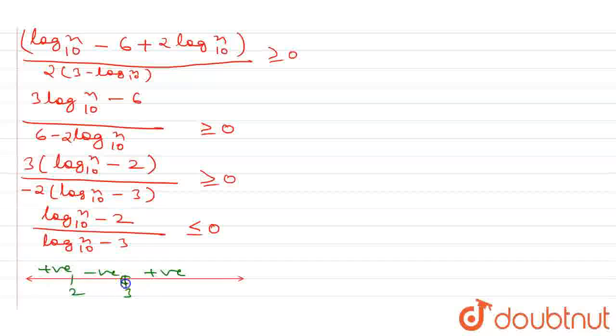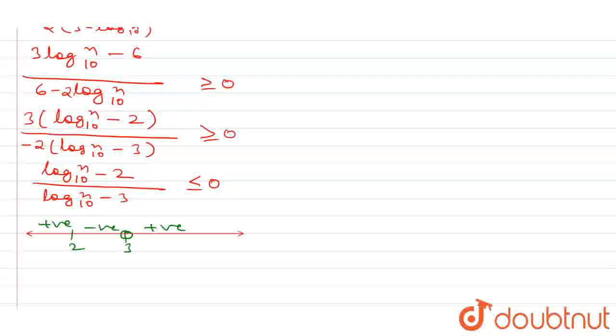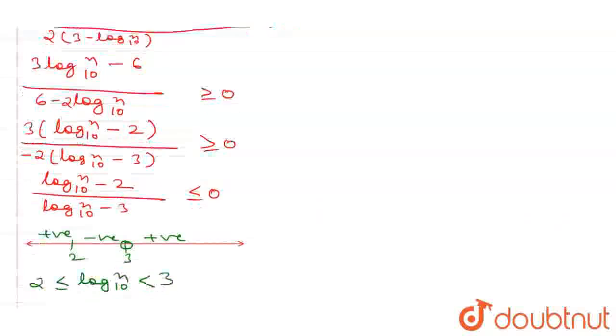We have not to take 3 because 3 is my critical point. On 3 this function becomes not defined, so I can write log x to the base 10 belongs to [2, 3). So I have not to take 3, so I do not write the inequality there.